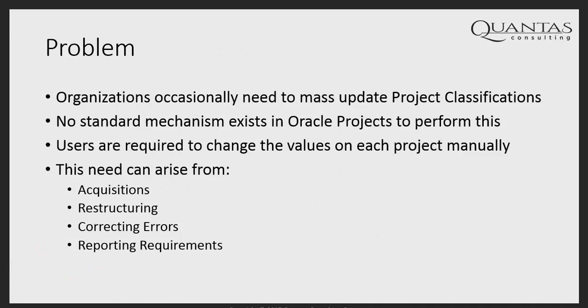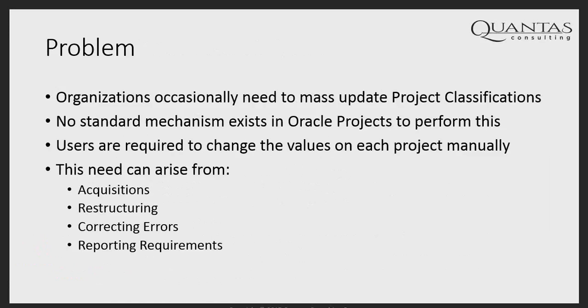So the problem we're trying to resolve: organizations routinely need to update classifications on projects, and sometimes that's on multiple projects. And Oracle provides no standard mechanism to update a lot of classifications on projects at once. So users are really required to do that one by one on each project.